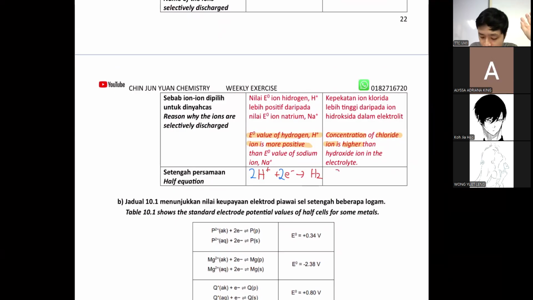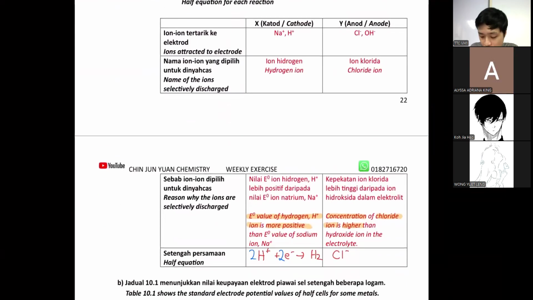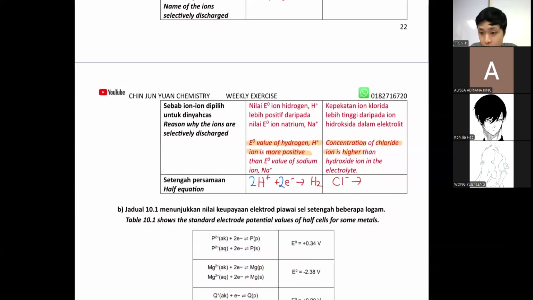This one is Cl-, right? You choose Cl-, right? Cl- will become chlorine, donate electron. Then you got 2 Cl, Cl- times 2, 2 negative, the electron also times 2.